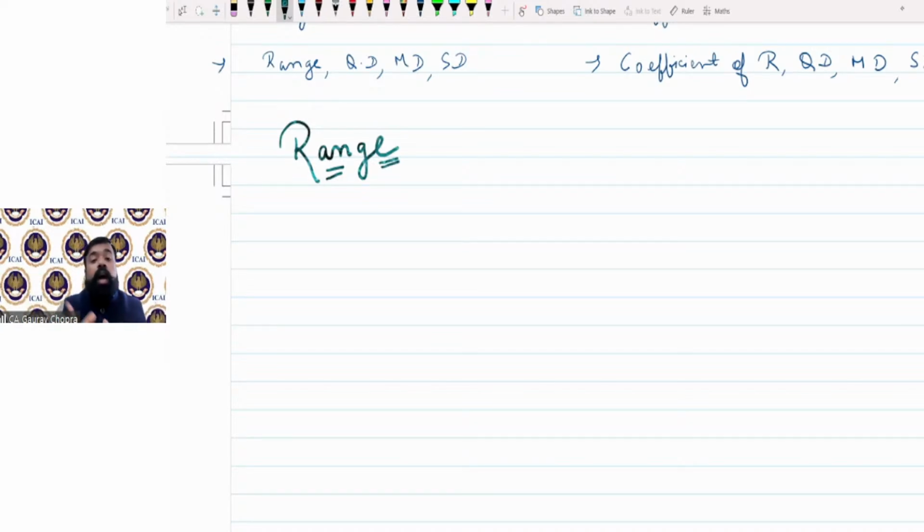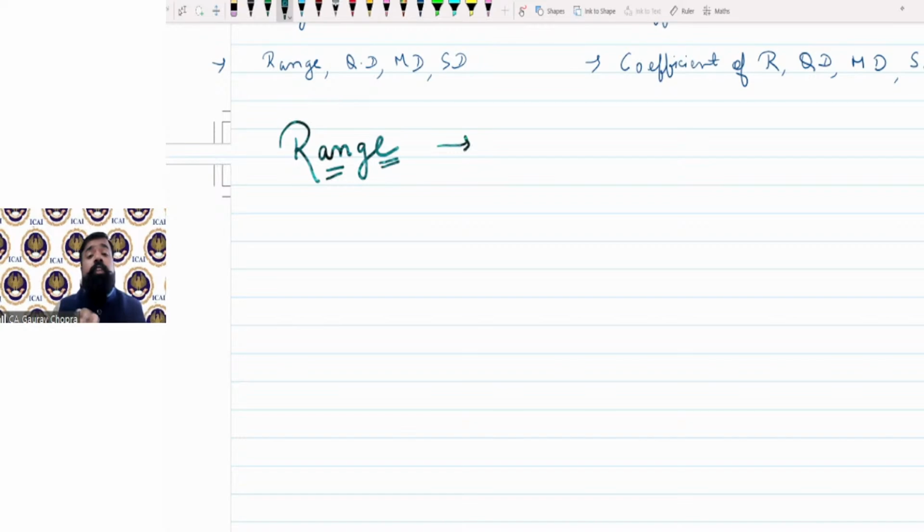Now, after this question, what do we answer? We answer like 20 to 25,000. So we always answer two figures, 20 and 25,000. That means more than 20,000, but less than 25,000. So that is simply known as range.